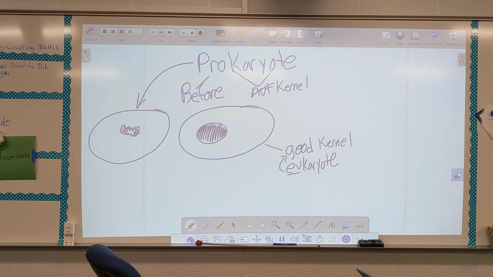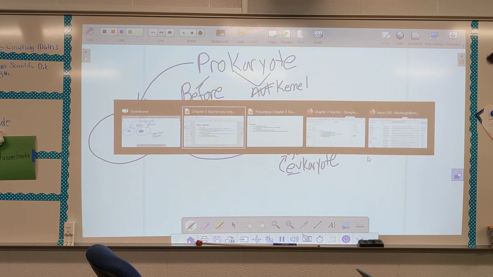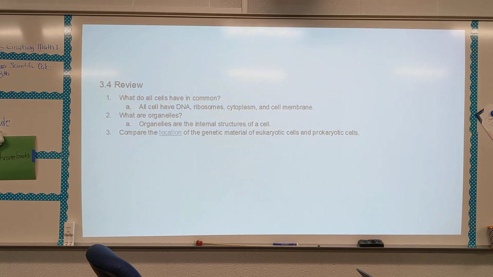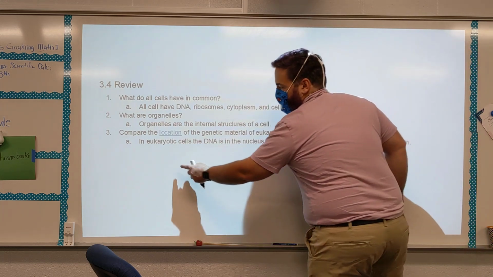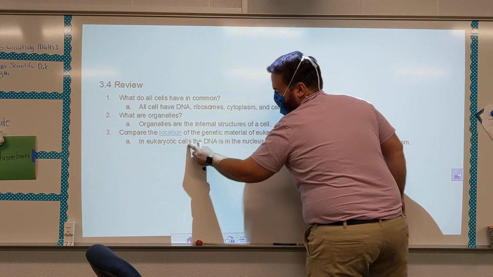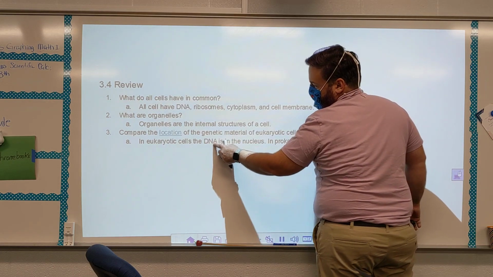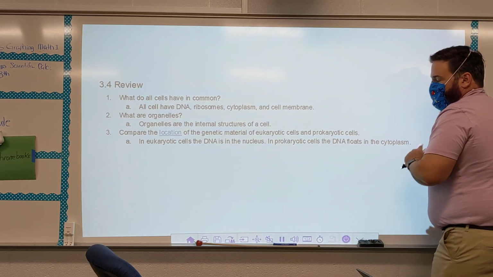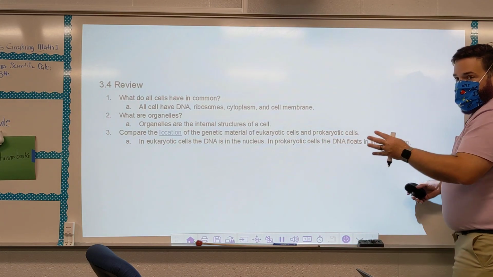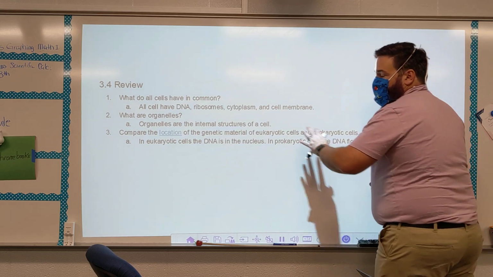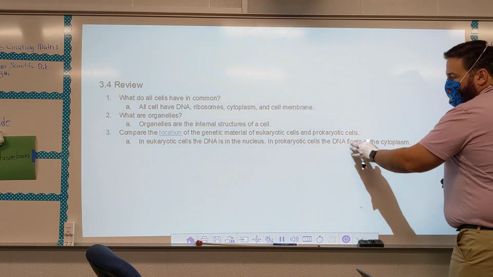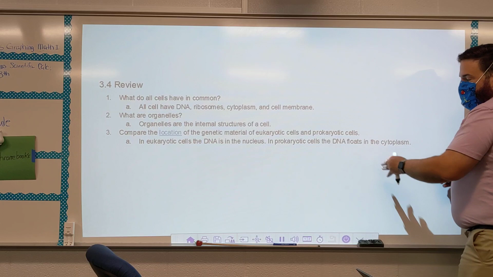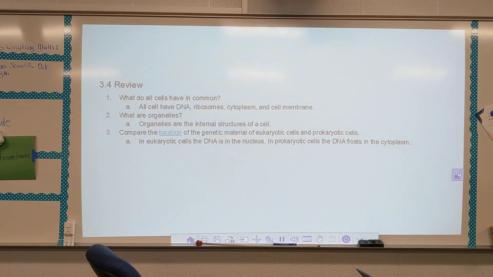So that's why we call them eukaryotes and prokaryotes. So the difference is, in a eukaryotic cell, a cell with a good kernel, the DNA is in the nucleus. The nucleus is that good kernel. Prokaryotes, we believe, evolved before the eukaryotes, so before the kernel, so their DNA is just floating in the cytoplasm.